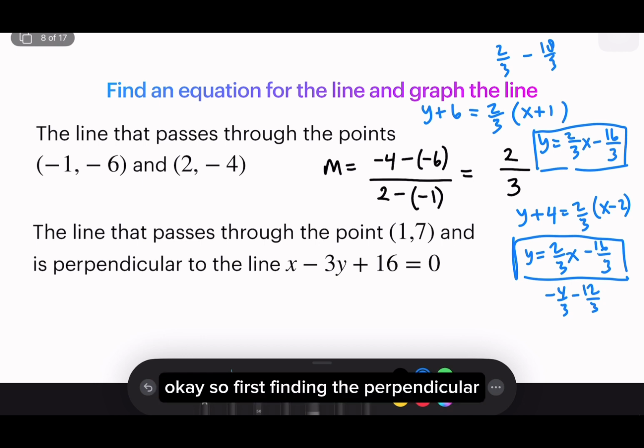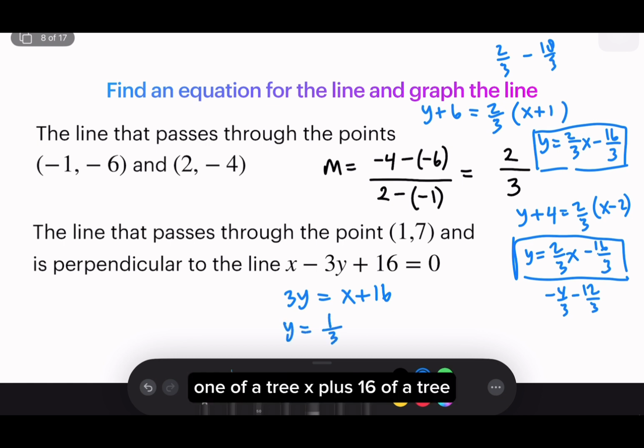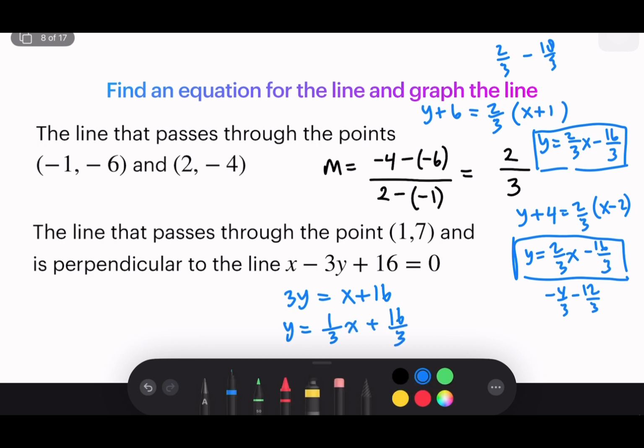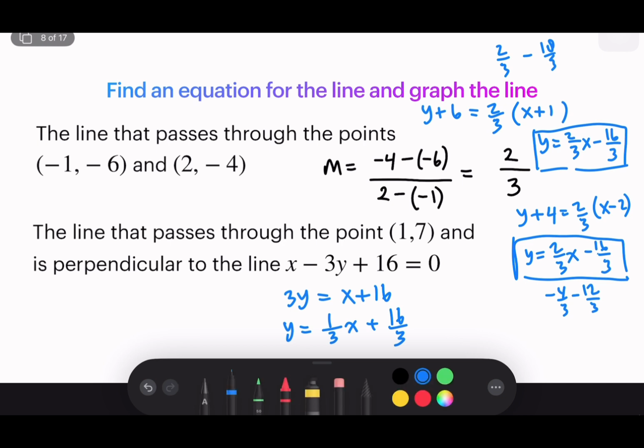Okay, so first, finding the perpendicular slope. From this part we are going to take 3y equals x plus 16, right? So y is 1/3x plus 16/3. Okay? So the slope is 1/3.